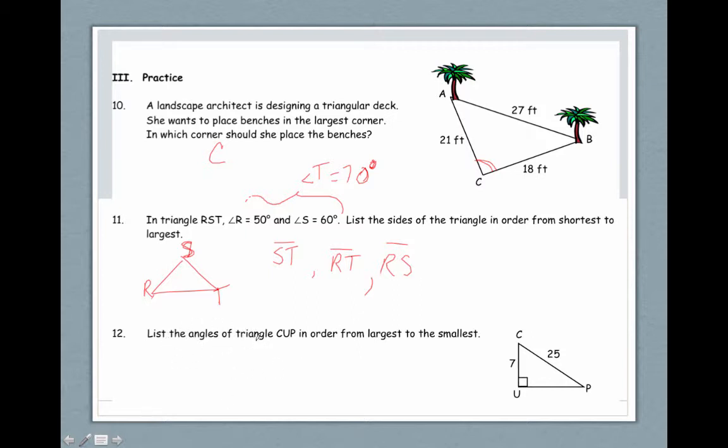We want to list the angles of the triangle in order from largest to smallest. So this is 7, and this is 25.